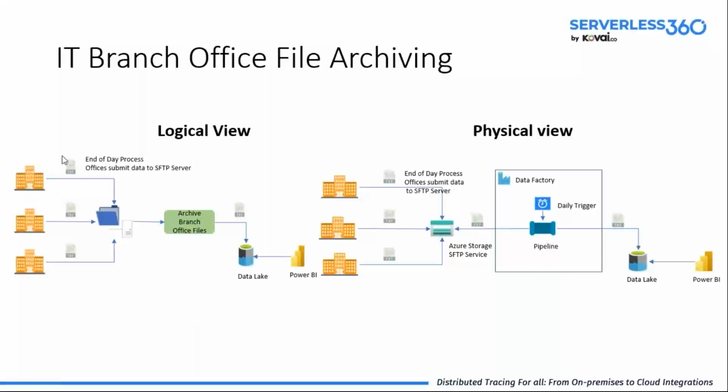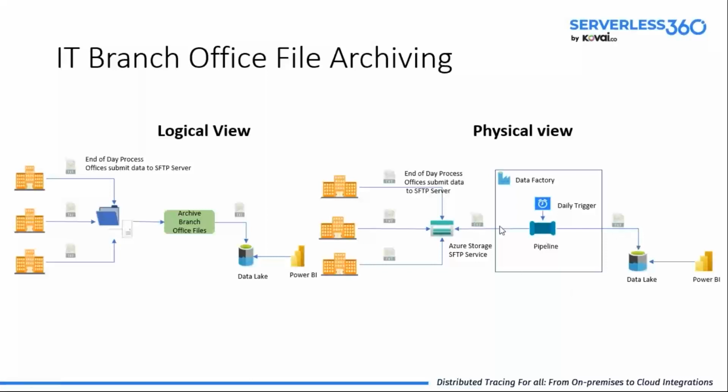So this is a logical view of my application wherein there are branch offices which are submitting data to my head office as SFTP files, and my requirement here is to archive these files into a data lake so that this information can be used by Power BI for business analytics.